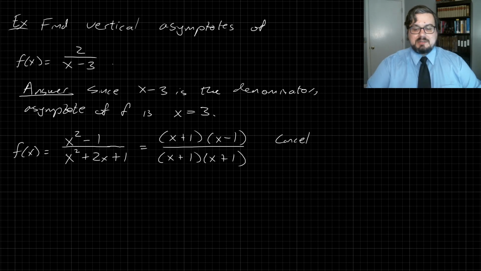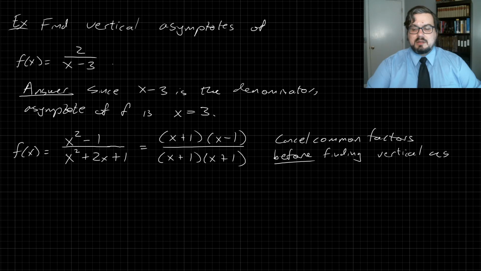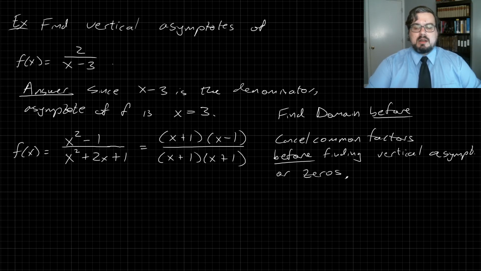So we must cancel common factors before finding the vertical asymptotes or zeros, that is x-intercepts, but if we need to find the domain, we have to find the domain before canceling.